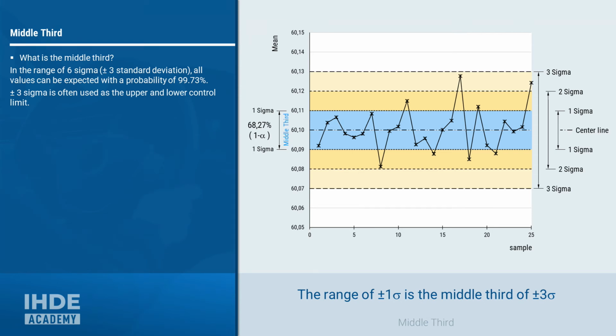For the upper control limit, it is 3 times the standard deviation, and for the lower control limit, it is also 3 times the standard deviation. The total width between the control limits is therefore 6 sigma. The middle third is now the middle range with a width of ±1 sigma.